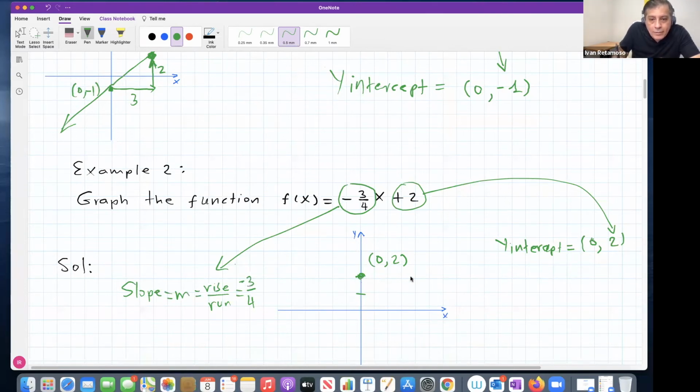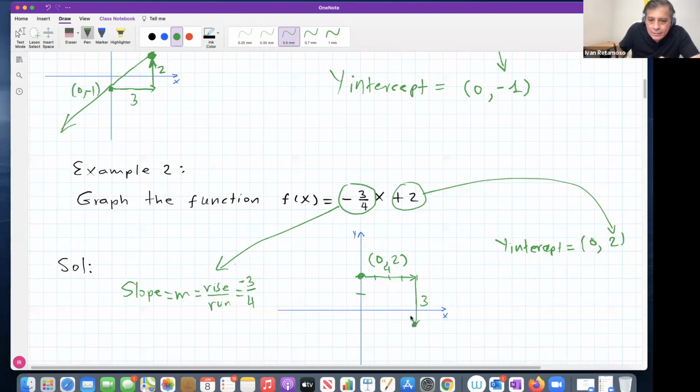From here, always you run in the positive direction. 1, 2, 3, 4 units to the right, right? And then for the rise, -3. So in this direction, 1, 2, 3, right? So let's say 3 is down here, 3 units here. So 4 units to the right, 3 units down.